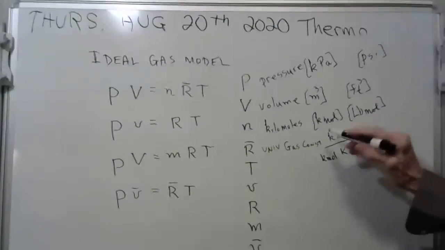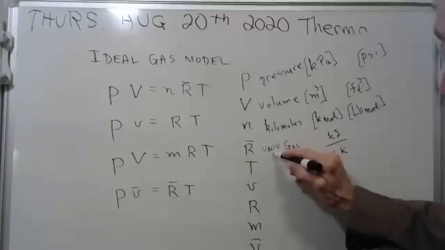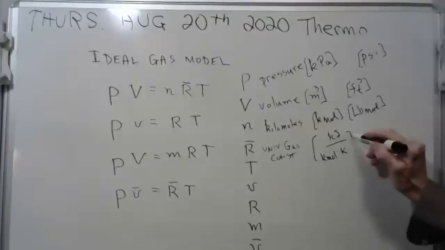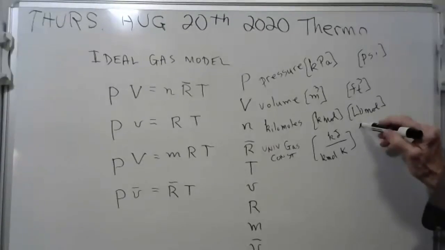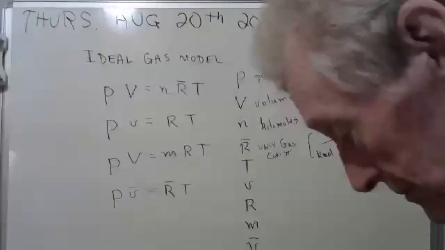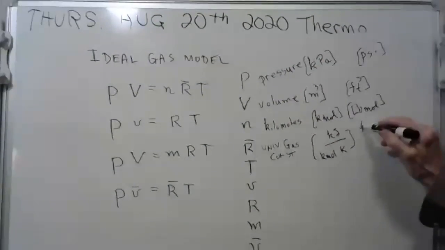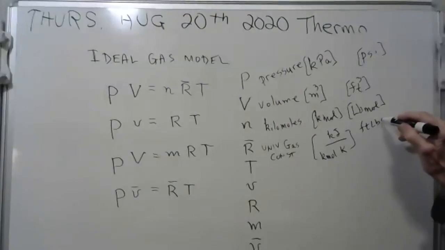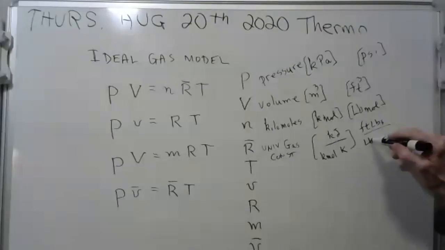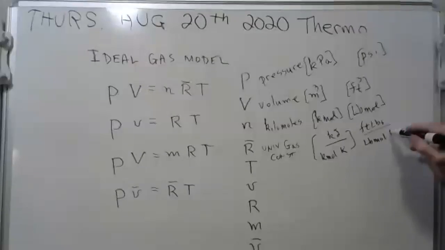But in English engineering, it's foot-pounds force divided by pound mole Rankine.